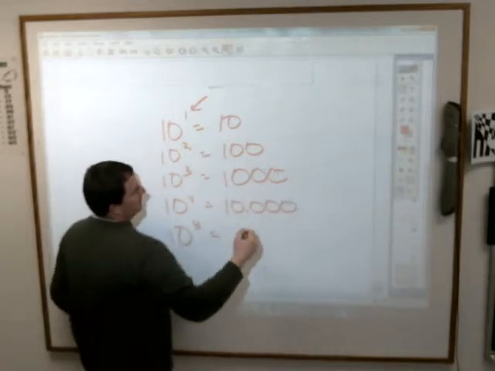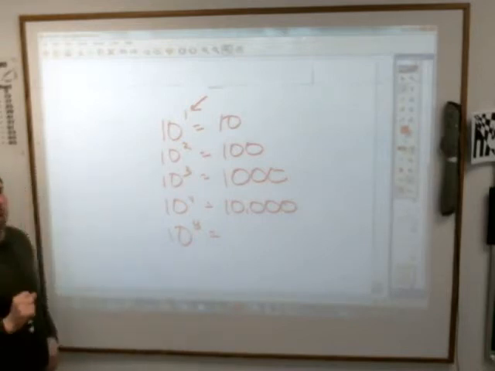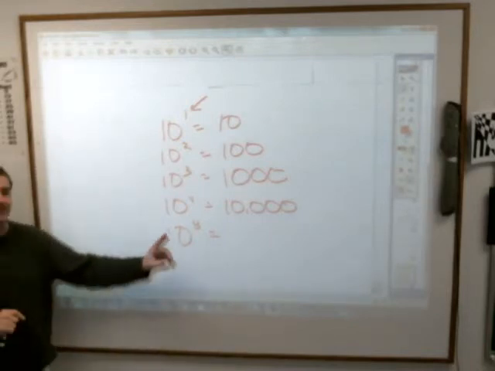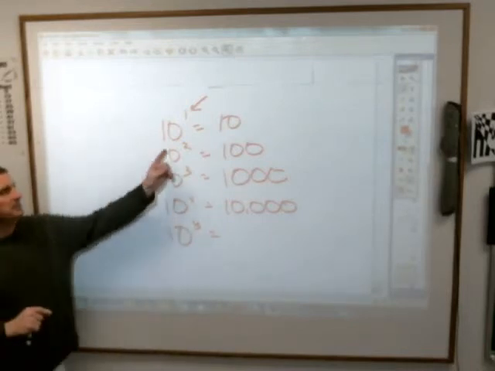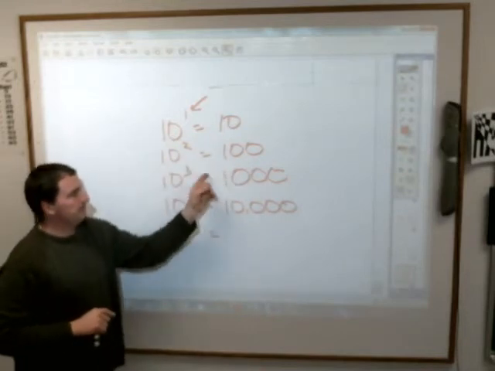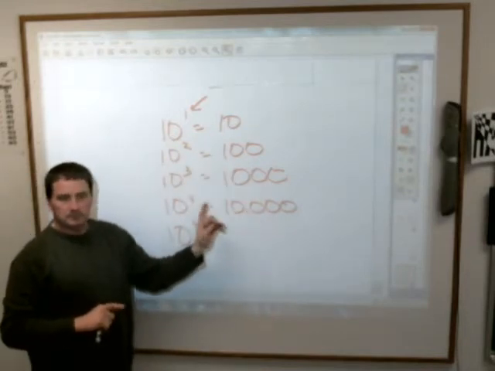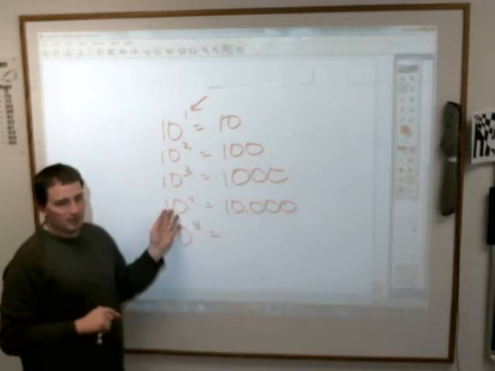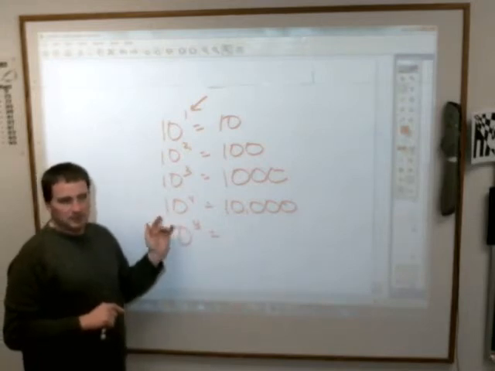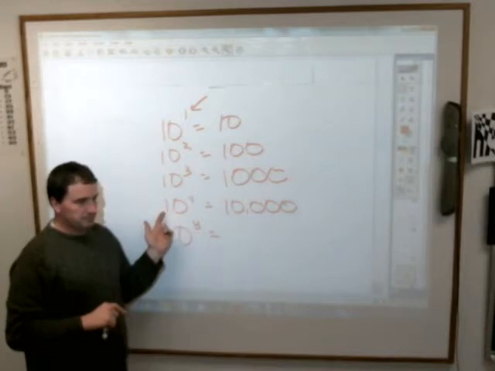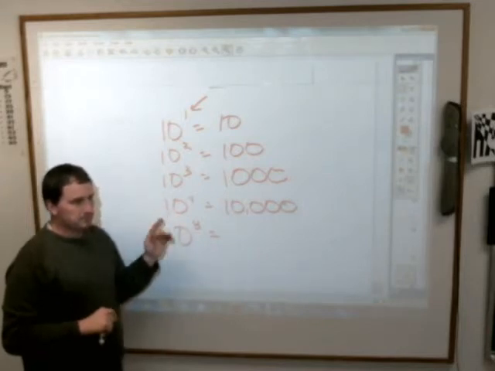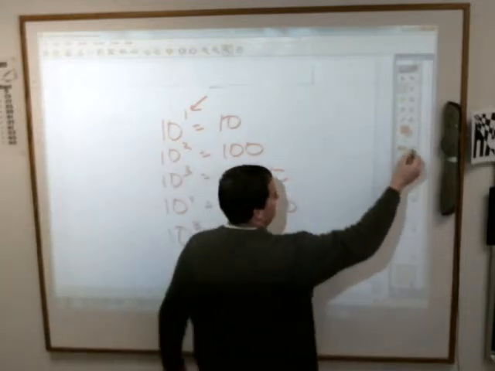And it doesn't matter if you understood that or not, but there's a little pattern here. Can anybody tell me what 10 to the 8th power would be, based on what you see here? What would 10 to the 8th power be? Taylor? Maybe this would help if I asked it this way.